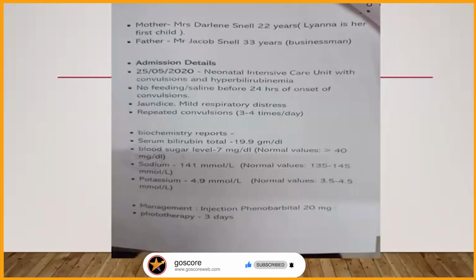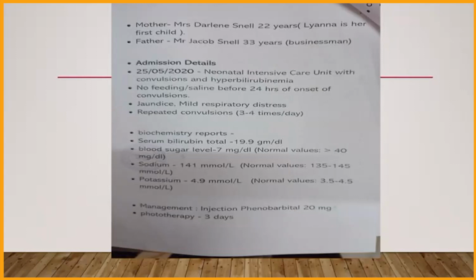Otherwise, you need not write because it is understood. And what about the management and phototherapy? Are they important? Yes, both are important. Injection phenobarbital and phototherapy. This is what I thought was important. Neonatal intensive care unit, yeah. If you want, you can write that.